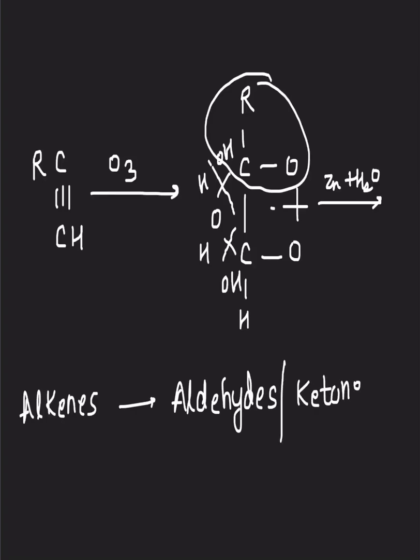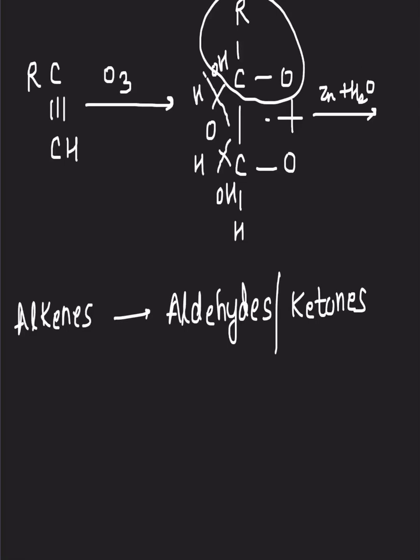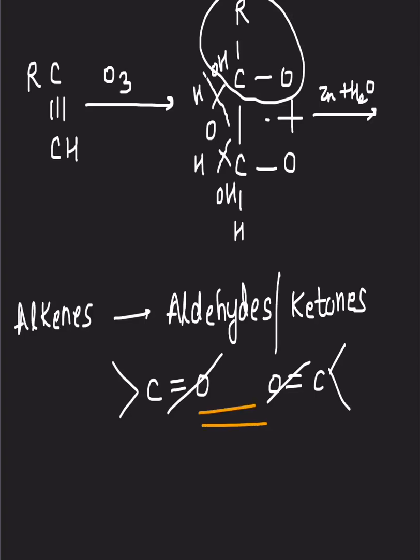And that helped us to determine the position of the double bond in the case of alkenes, correct? That was the trick that I had told you: remove the oxygen and just put a double bond in between the two carbons, and we have our original alkene ready, correct?